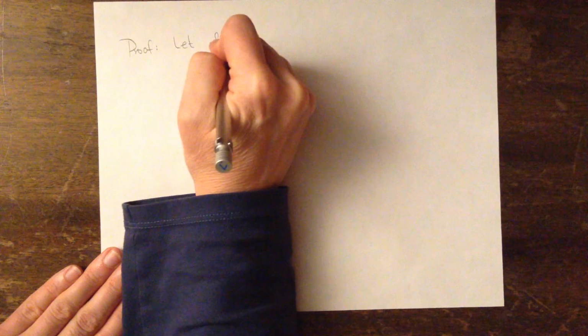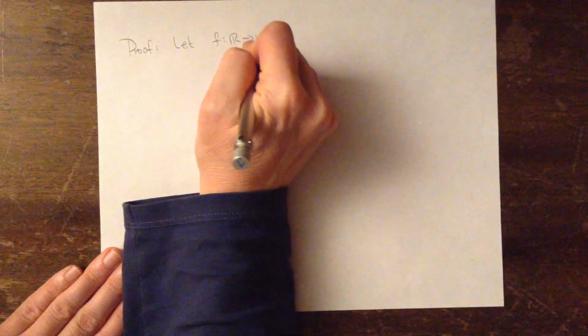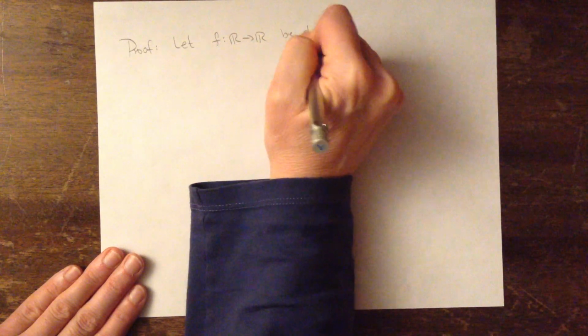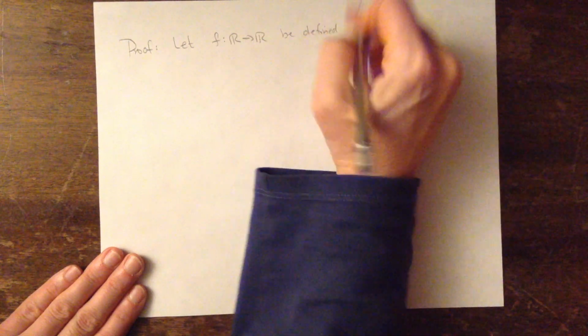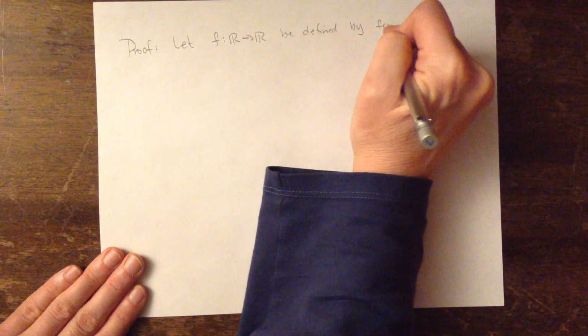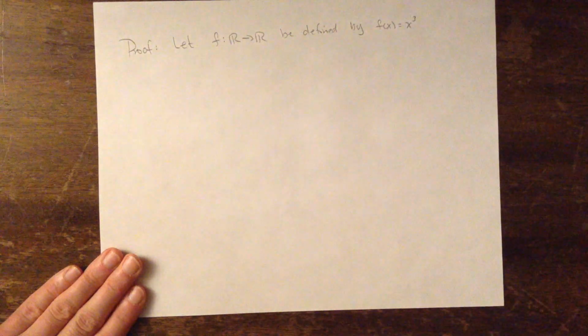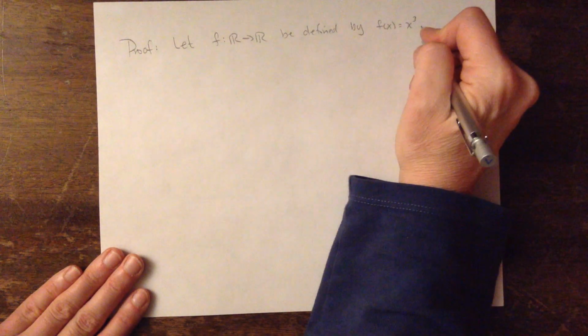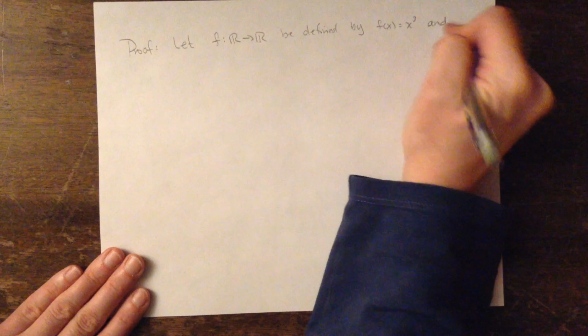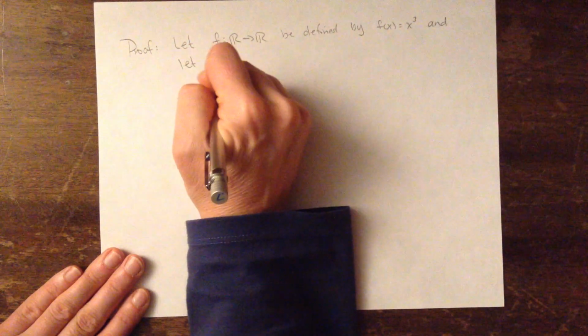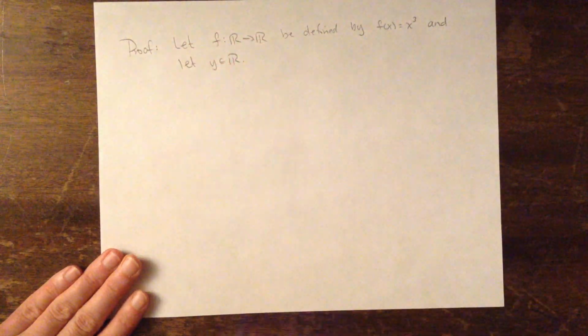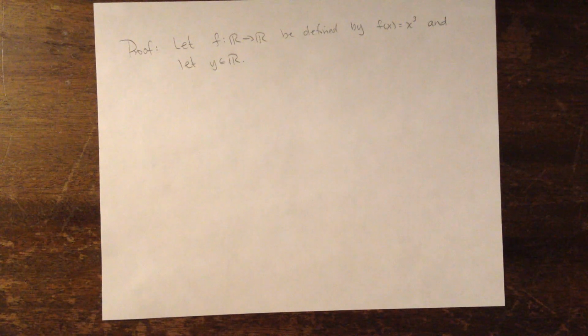Okay, proof. Let f from the reals to the reals be defined by f of x equals x cubed, and let y be in the reals. I don't think I'll bother introducing another variable here.